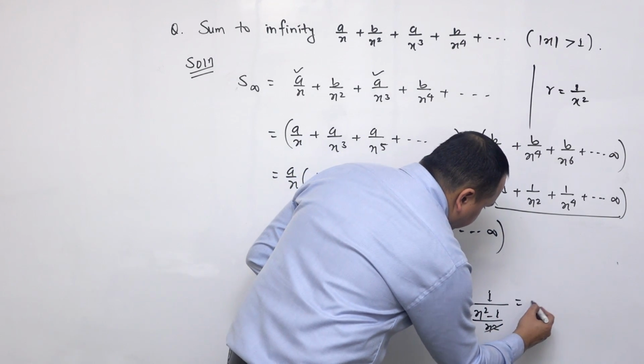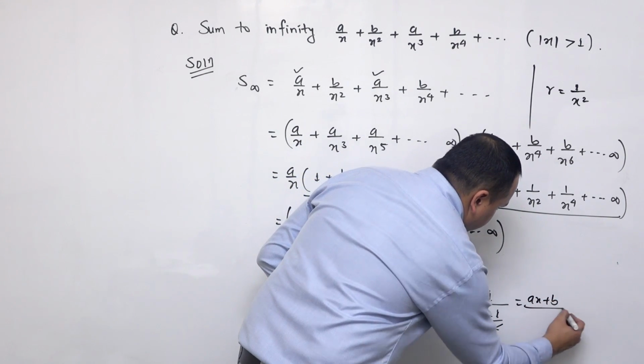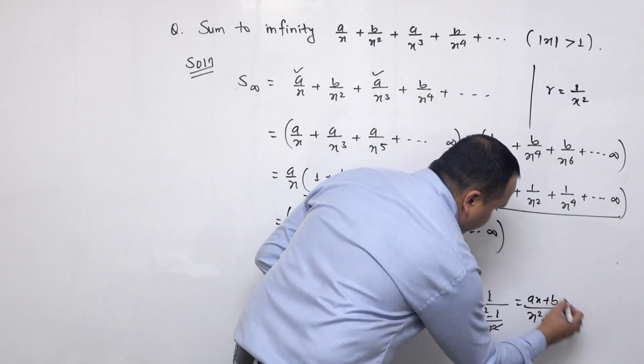The answer is ax plus b upon x square minus 1.